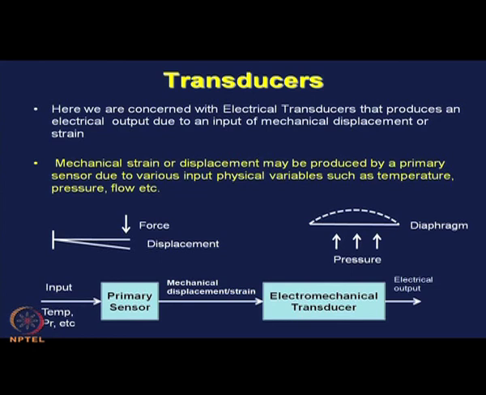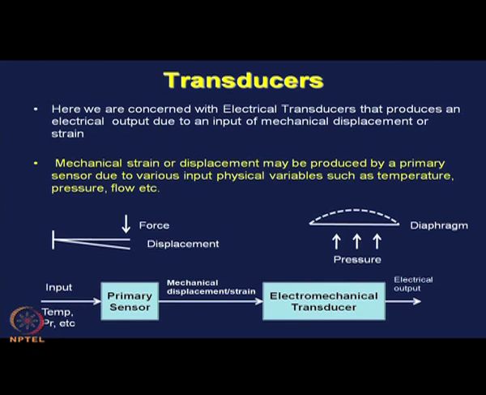So, in this course, we will mainly talk about few electrical transducers or electromechanical transducers that produce an electrical output when they receive mechanical displacement or strain as input. Additionally, we will also talk about just one pneumatic transducer briefly.